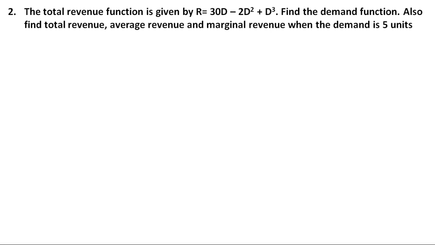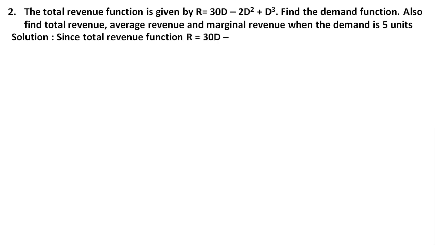Now let us start solving this question. Solution. Since the total revenue function R is equal to 30D minus 2D square plus D raised to 3, this is given.